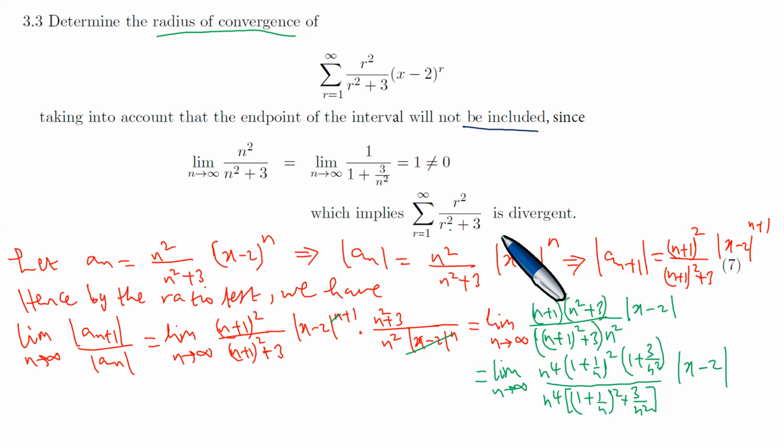Right, so look at that very carefully. Let's just look at this.